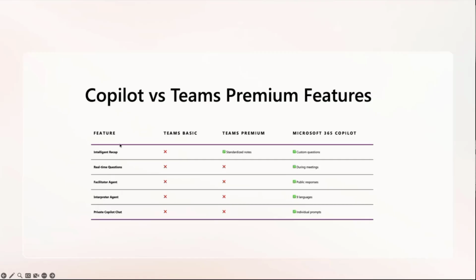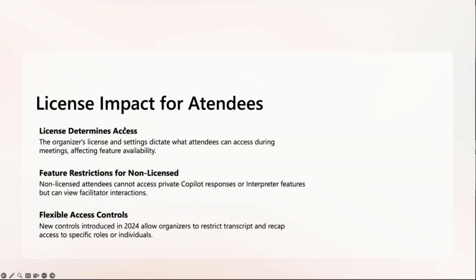Let's talk about some of these license impacts for your attendees. Your license will determine your access, and the organizer's license and settings dictate what attendees can access during meetings. Let that sink in a little bit.